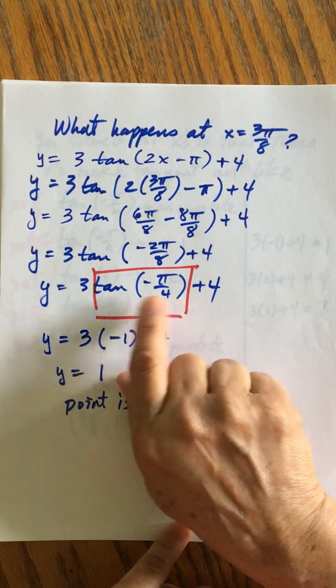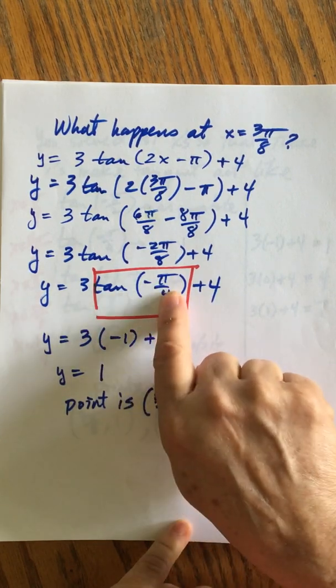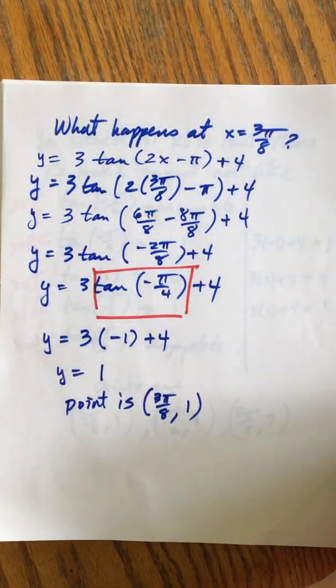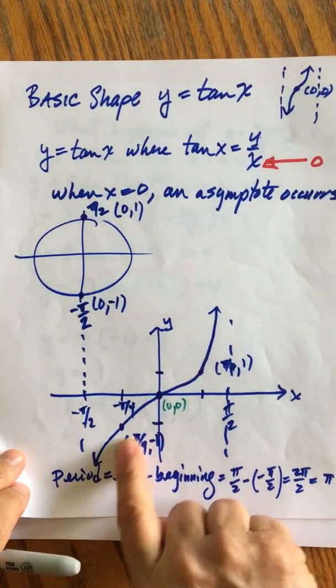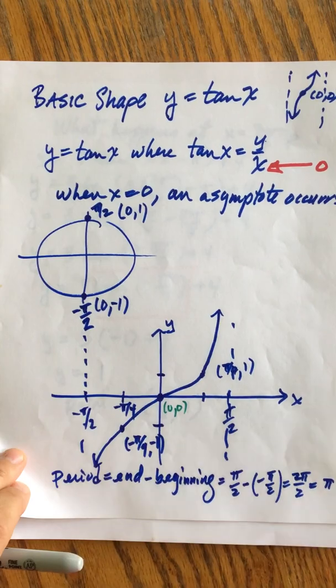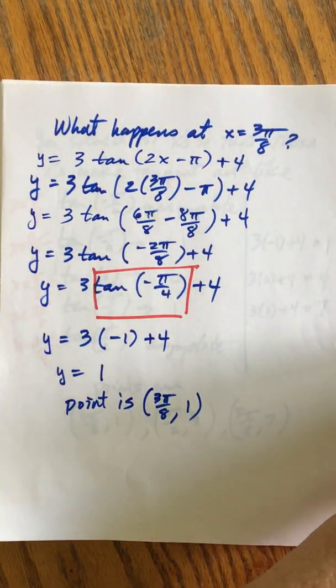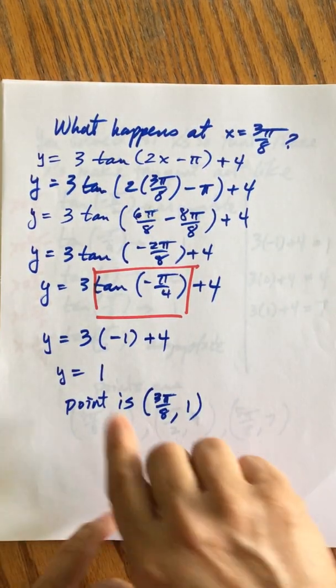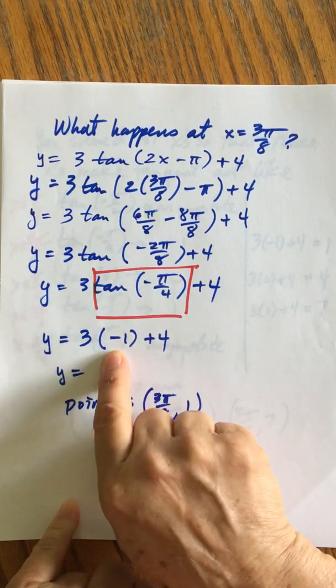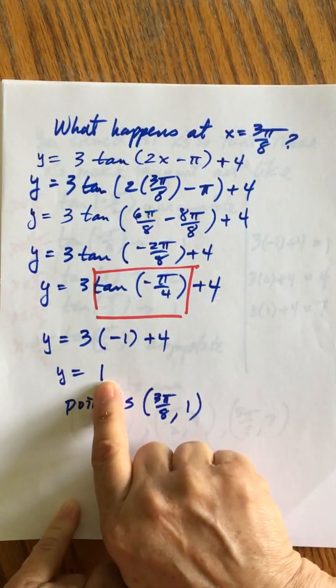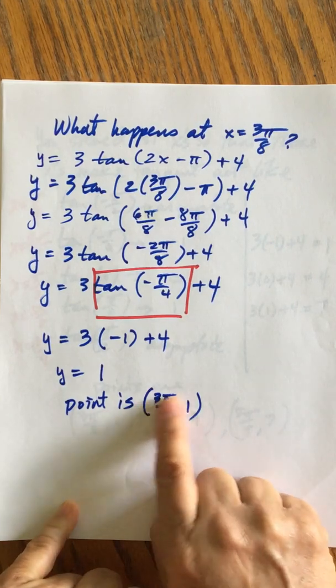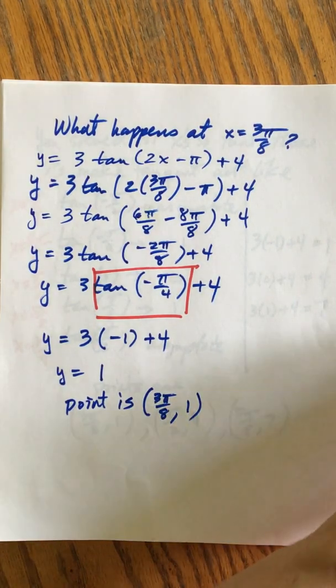So I'm taking the tangent of negative pi over 4, which I know is negative 1, because it is one of these values that I memorized. And so I have 3 times negative 1 plus 4 to get a y value of 1. So the point that I would plot is 3 pi over 8 and 1.